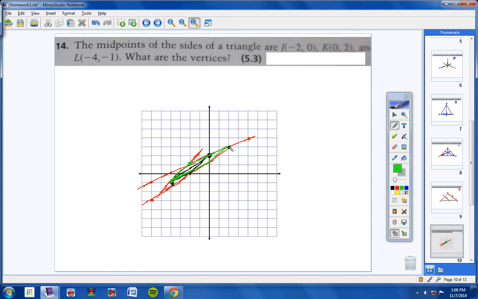So there are your vertices in green. Okay, it's really tough, but there it is. So 1, 2, 3, 4, down 1: (-4, -1). And over 2, up 1: (-2, 1). And then here over 2, up 3. Okay. All right, continuing on.